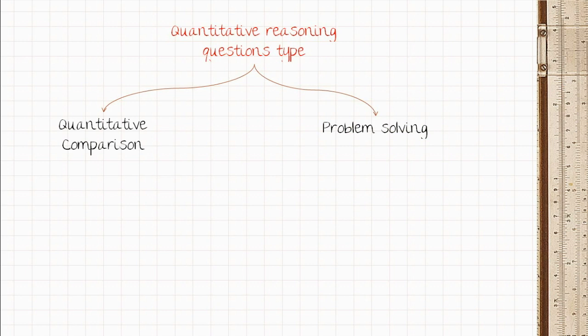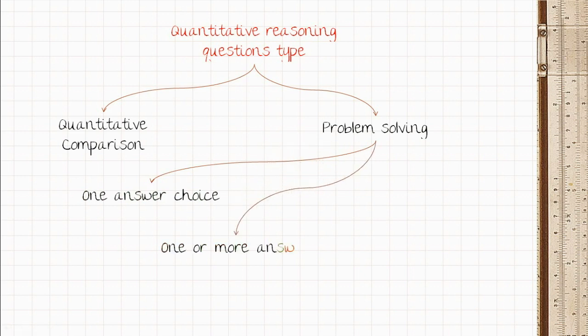In problem solving, there are 3 types of options available. The first is one answer choice, where you have to select only one answer out of the options given. There is another type, that is, one or more answer choices. That means you have to select all the answers that apply.